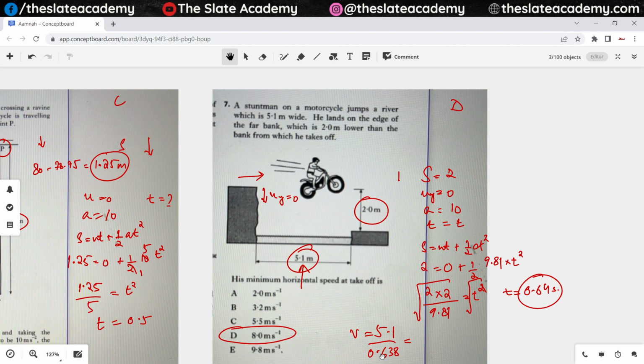So in this time, while it loses height of 2 meters, it should have covered a forward distance of 5.1. So forward velocity should be at least 8 meters per second.